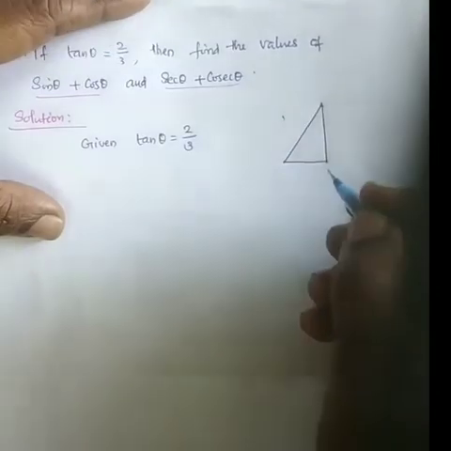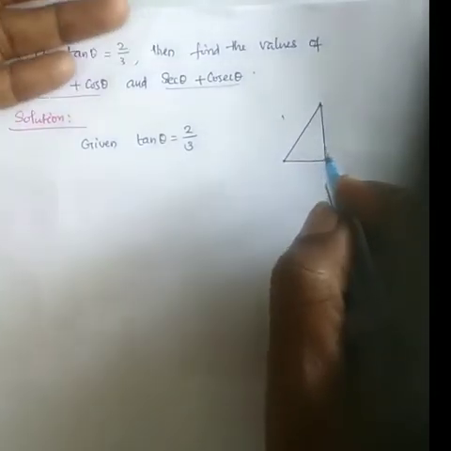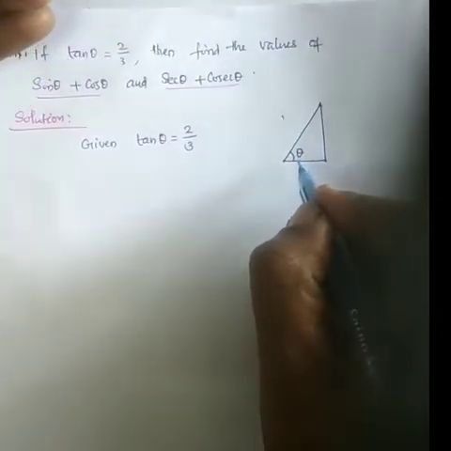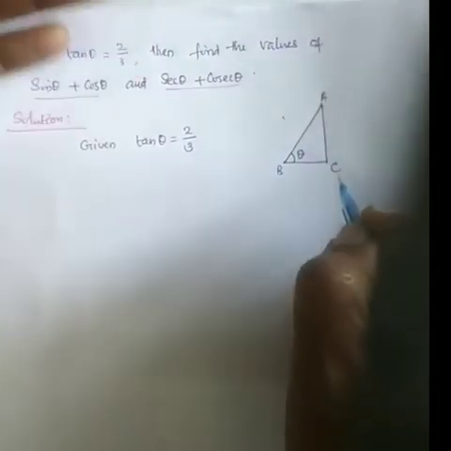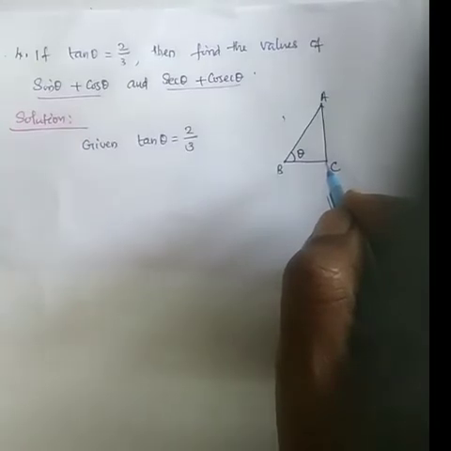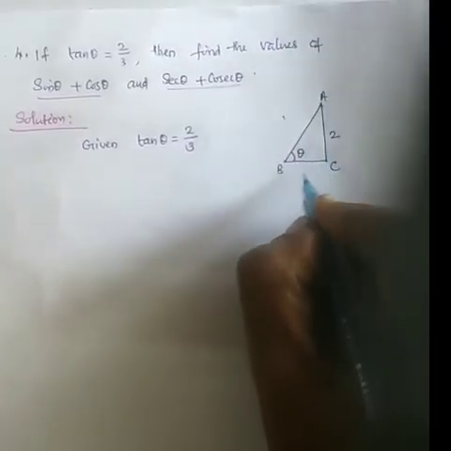Using this triangle we can find out all the other ratios. Take this as theta, and name the vertices A, B, C. Tan theta is what? Opposite side by adjacent side, isn't it? 2 by 3.